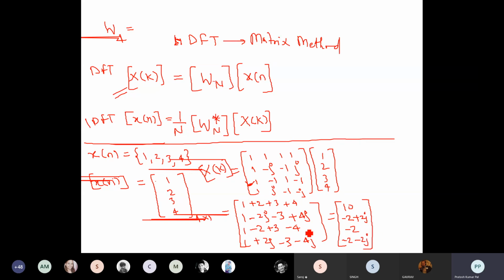Okay, so this will be our DFT. So this is our required DFT. So from this method and the previous method that we have gone through, you can find that this matrix method is easier to calculate. Okay, so this is how we can calculate the DFT.